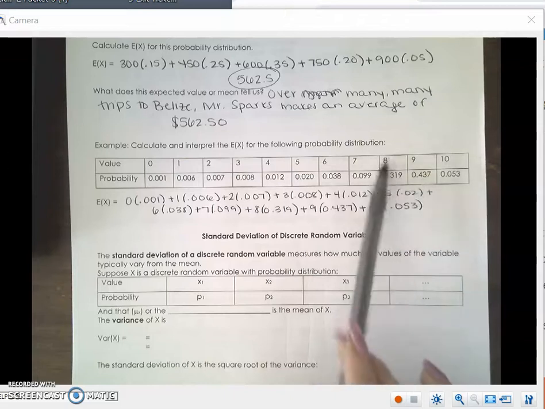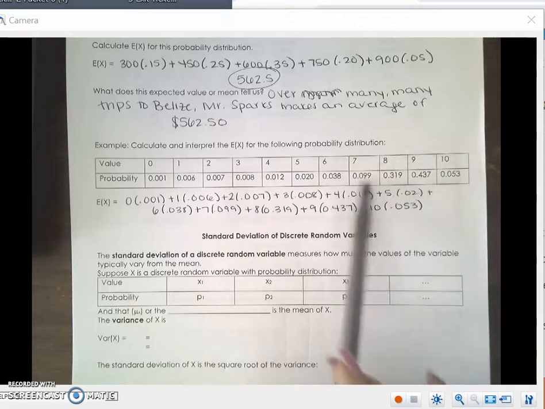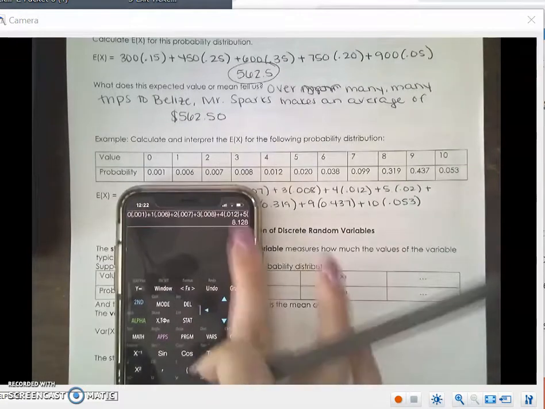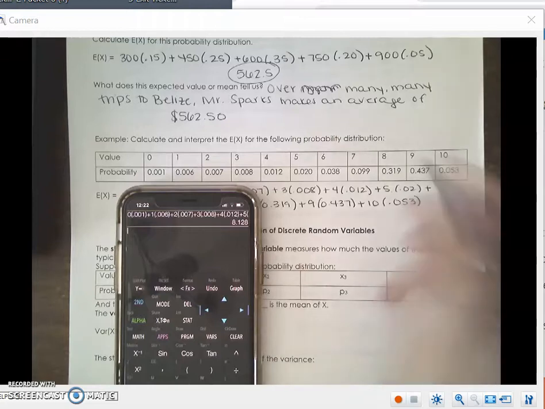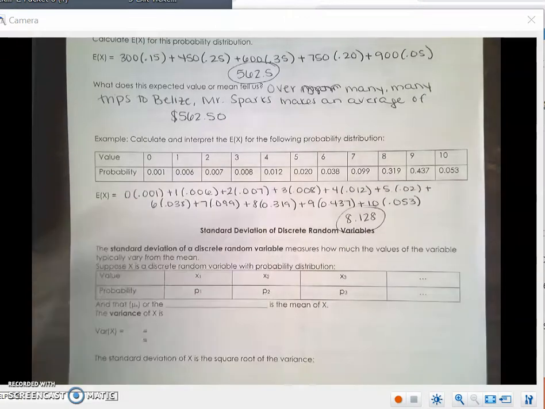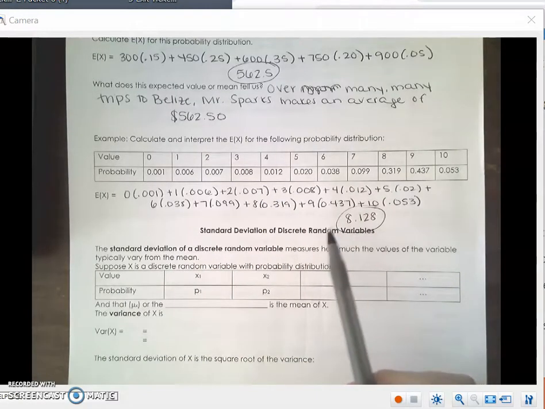So I am going to predict that when I put this into my calculator, I'm going to get somewhere between 8 and 9. And when I do, I get 8.128. So that means for several babies, the average APGAR score is 8.128.